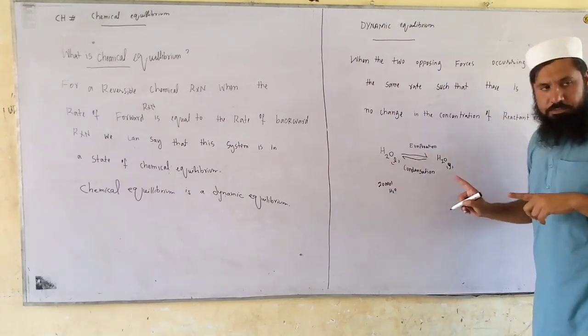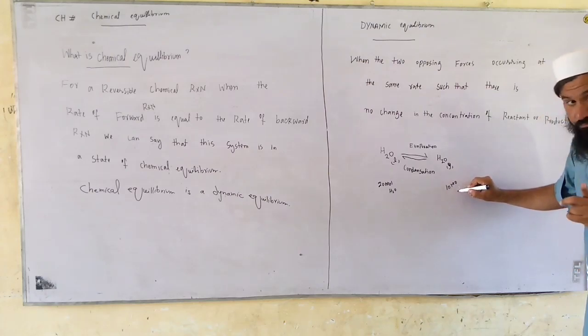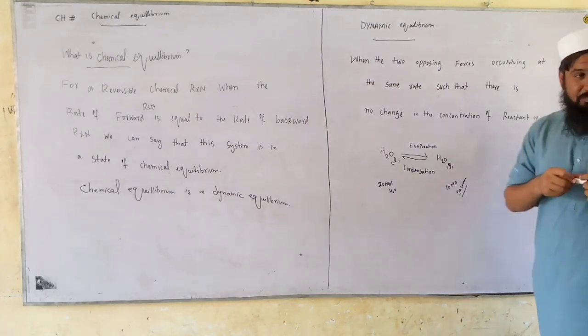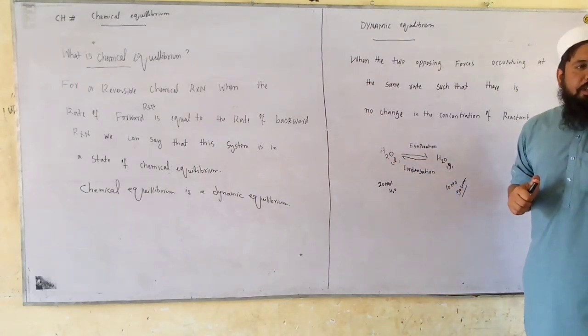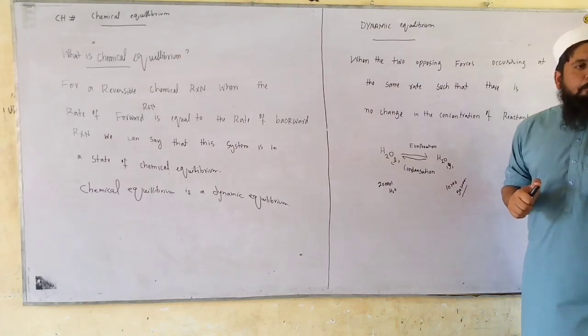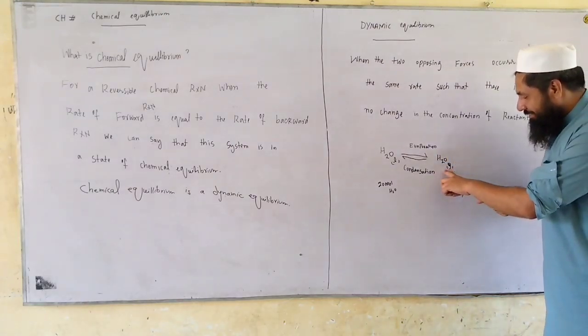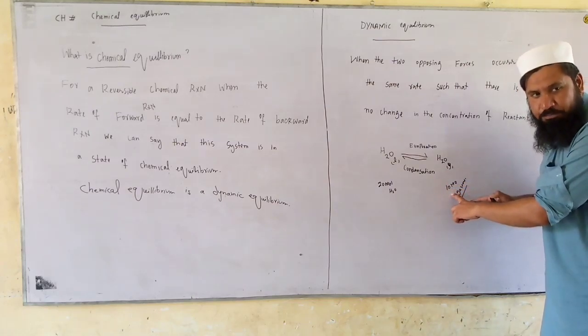And at equilibrium state, I have only 10 molecules of gaseous water. So what will happen? During evaporation, what happened? 5 molecules of water are converting into this. So what happened? It makes 15.